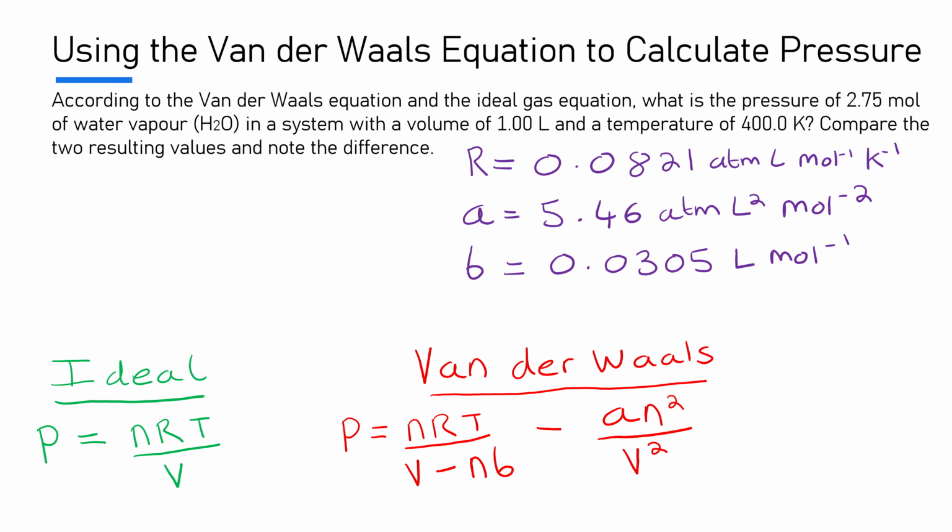Firstly, like all the other questions in this video, we need to go through the given values in the question and make sure they are expressed with the units we need for, in this case, both equations. Luckily, in this question, all the given values have the required units. We have amount in moles, volume in litres, and temperature in Kelvin.